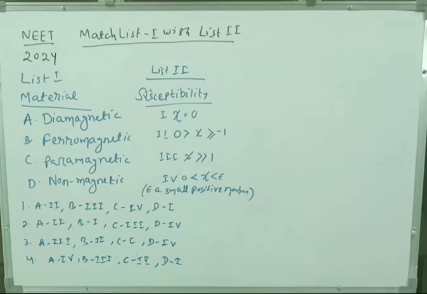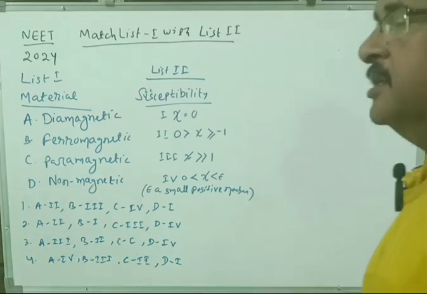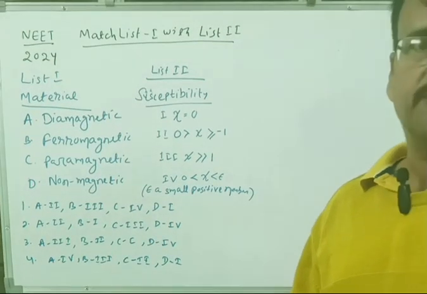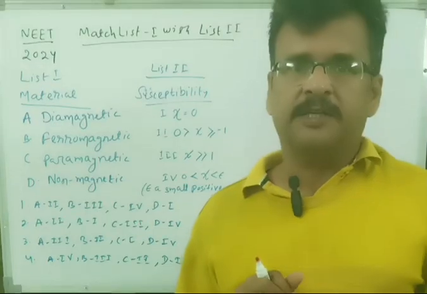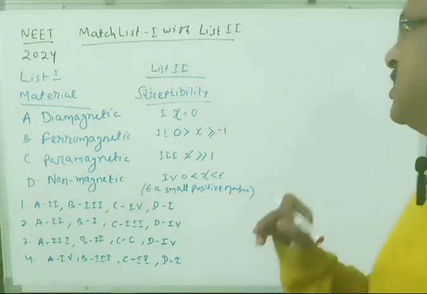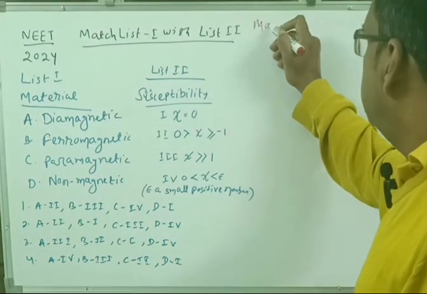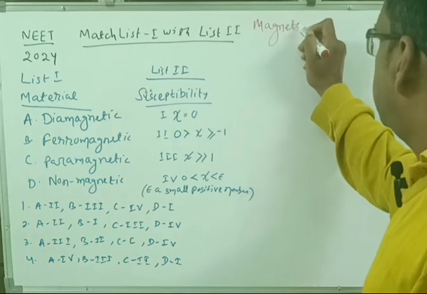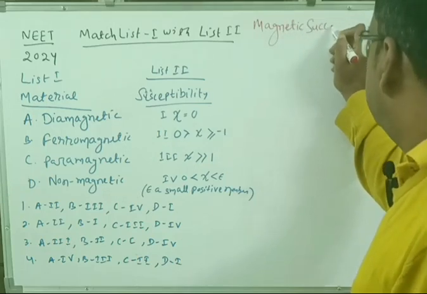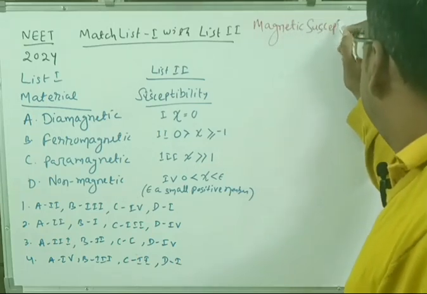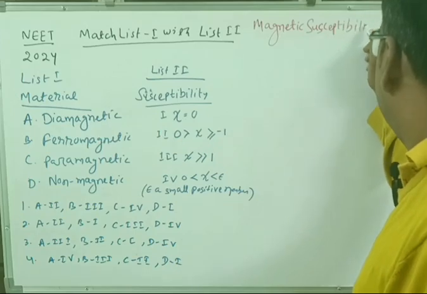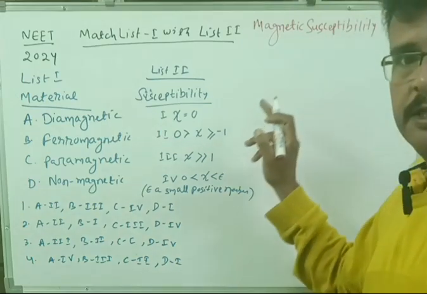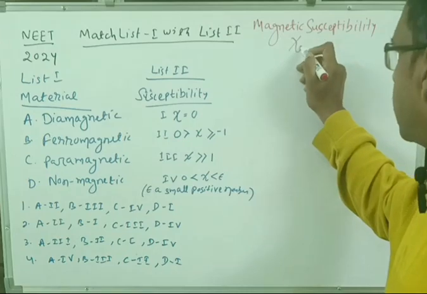Students, what is susceptibility? There are two types of susceptibility: electrical susceptibility and magnetic susceptibility. Magnetic susceptibility is denoted by chi.